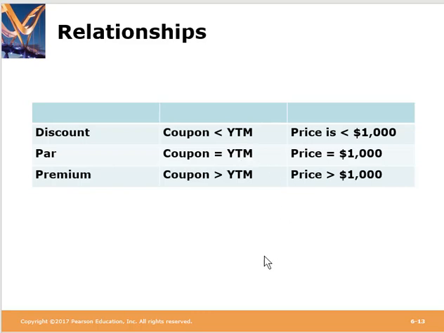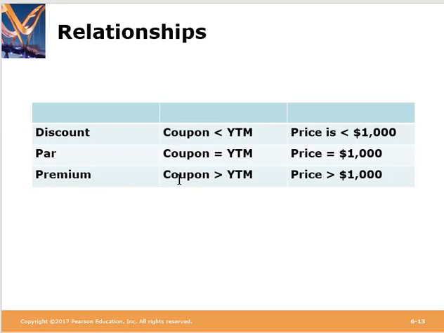A way to think about this is that the coupon is what the company wants to pay you. The yield to maturity is what you want to receive. And the company also wants to borrow $1,000. So if they're willing to give you exactly what you want to receive, you're willing to give them $1,000. But what happens if they're willing to pay you more than what you really want, right?